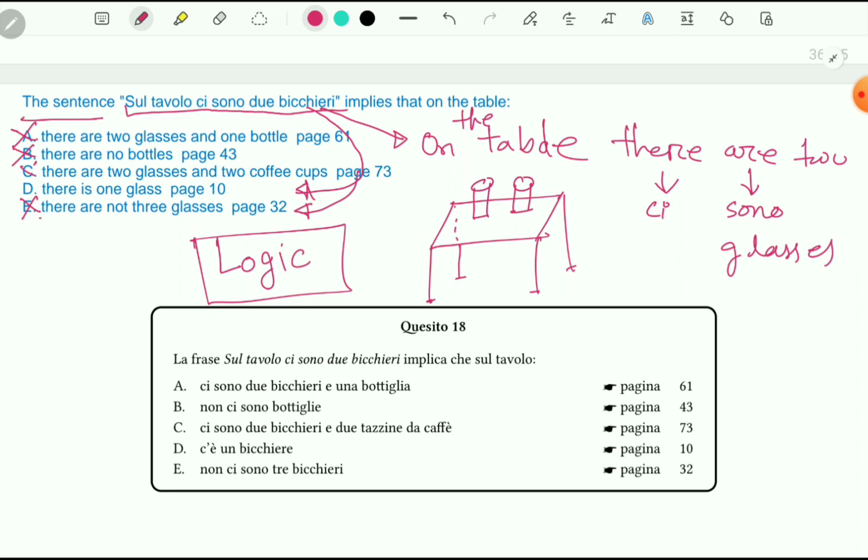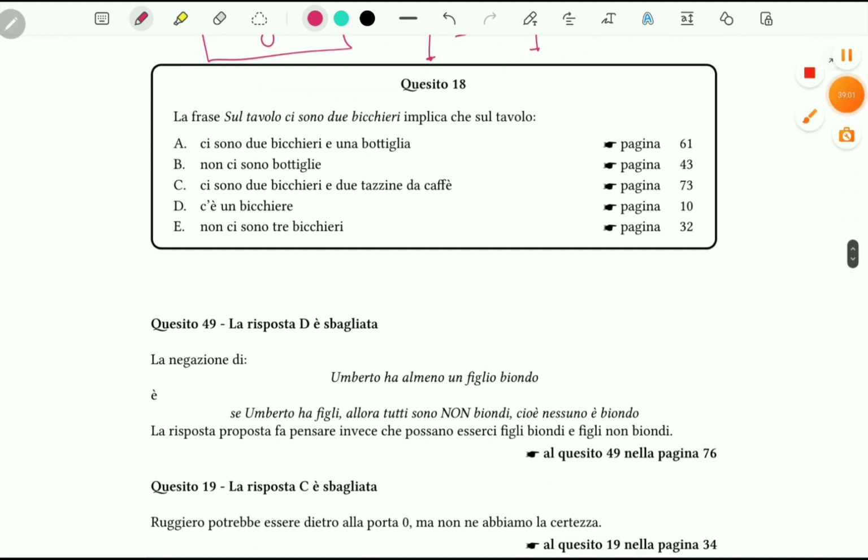If we say there are 3 glasses, that's definitely wrong. But if we say there is 1 glass on the table, somewhat it's right, right? At least we can say yes, there is 1 glass, that's right, not wrong. Although there are 2, we can say there is 1 glass. That's technically right. So our answer is D. Okay, next move on to next questions.